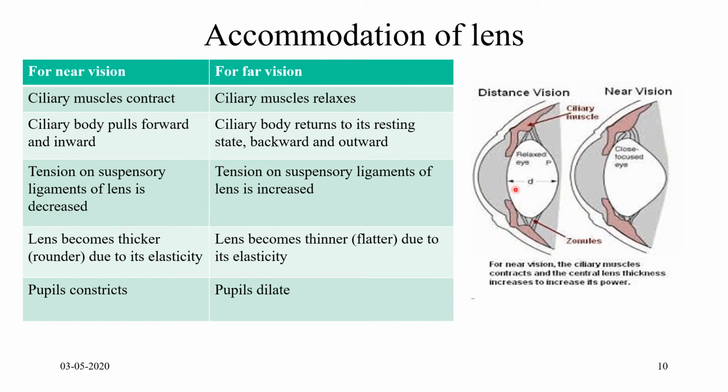For far vision or distant vision, the ciliary muscle relaxes, the ciliary body returns to its resting position, that is backwards and outwards. The tension on the suspensory ligaments will be increased. The lens becomes thin because of its elasticity and the pupils will dilate. So compare both the diagrams and the tables for understanding.